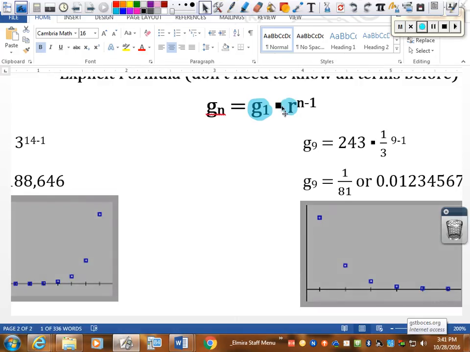No big deal. We know we need to switch to multiplication instead of add or subtract. That's not a surprise since we're switching to geometric. That's all about multiplication. But here's another big difference. See how our n minus 1 is different now? It's not in parentheses. It's an exponent now. Okay, so that's the big difference about our n minus 1.